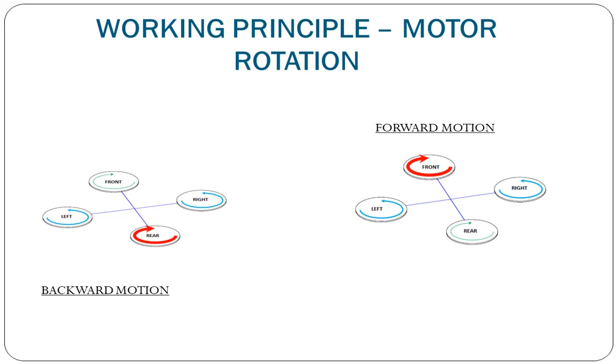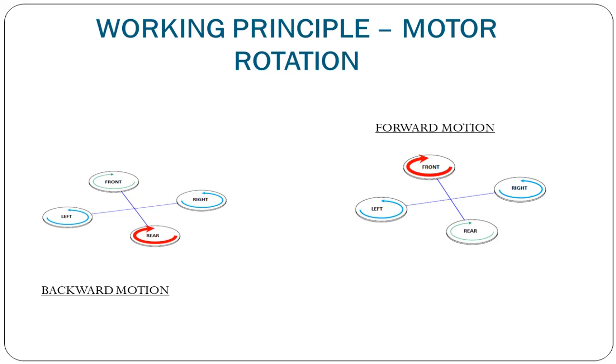And for a backward motion, the rear propeller must rotate at higher speed than all the three propellers. Over here, for a backward motion, the front propeller must rotate slower than the right and left propellers.